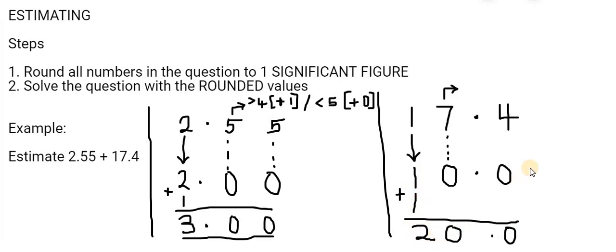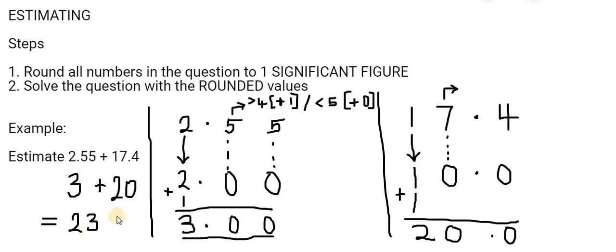So the estimate would then be using the rounded numbers to solve the problem. So 3 plus 20. So our estimated answer is simply 23.